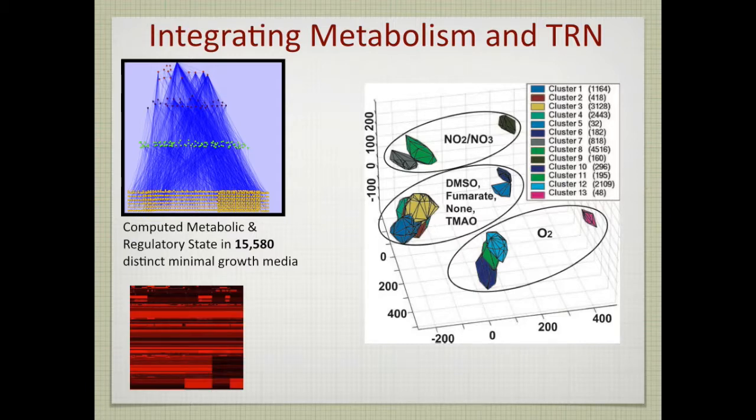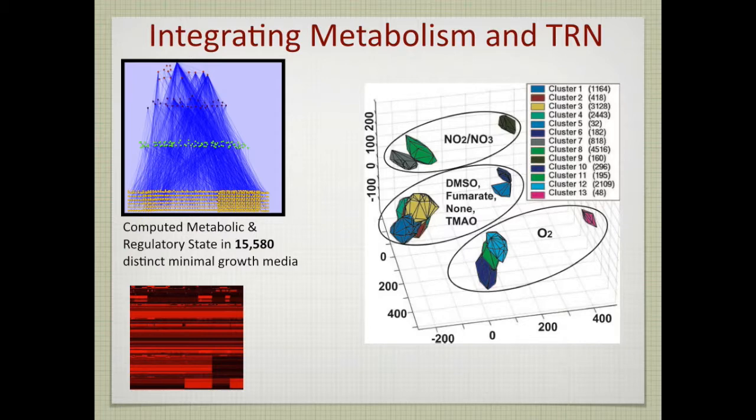So under each one of those conditions, you can customize the network by shutting genes off and on, and then you can look at what the state of that system is. And that's what's shown with this little green, red image here in the bottom left, where the conditions are 15,000 of the columns, and the rows are the expression state of a gene consistent with that.